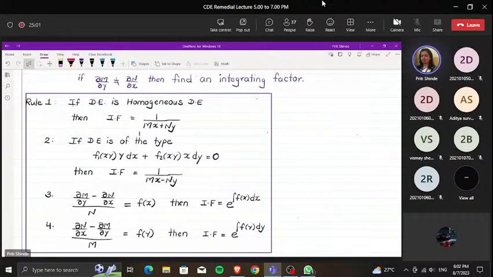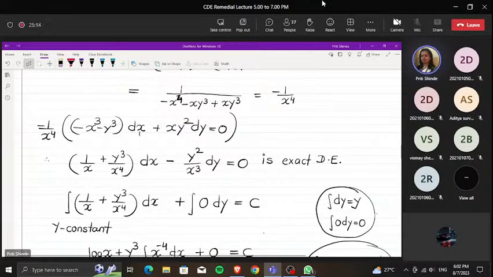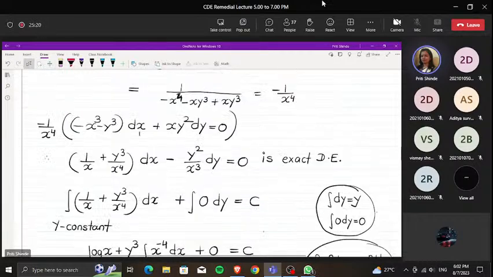Once you find your integrating factor, next step is multiply your given differential equation, which is not exact, by an integrating factor and write down the corresponding exact differential equation. And once you write down your exact differential equation, again by using the general formula, find out the general solution.